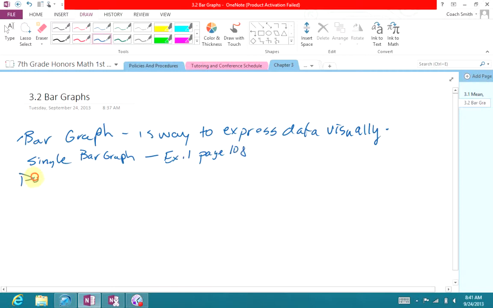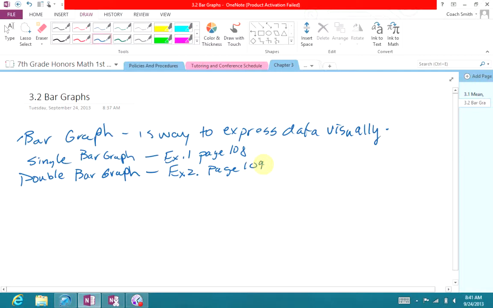Okay, we have a double bar graph, and that's like example 2 on page 109.